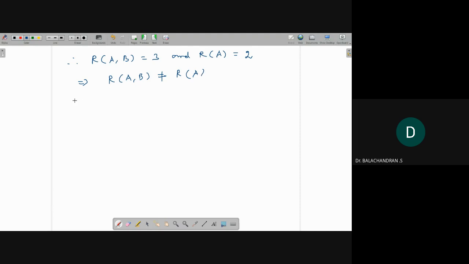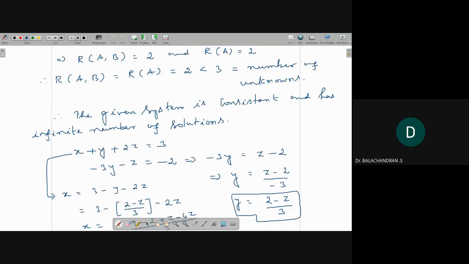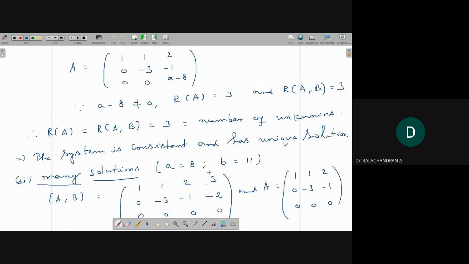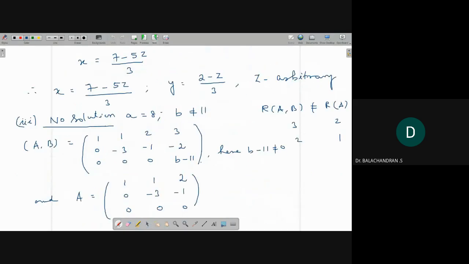The system is inconsistent and has no solution. Okay. I think we finished this problem.